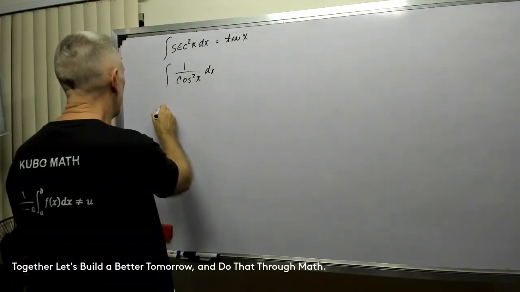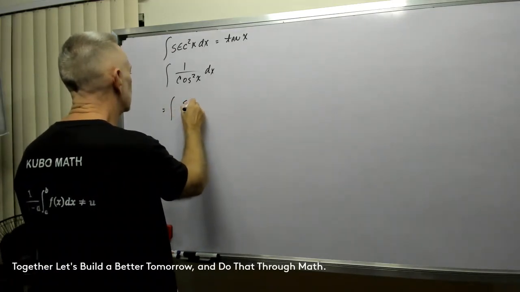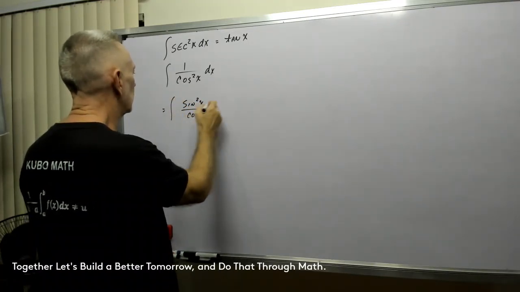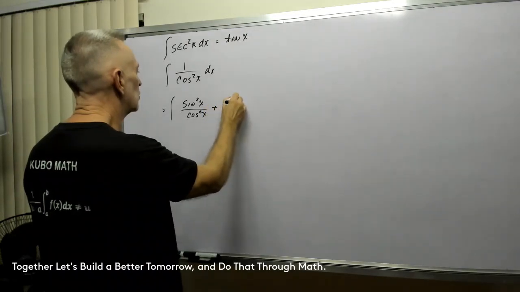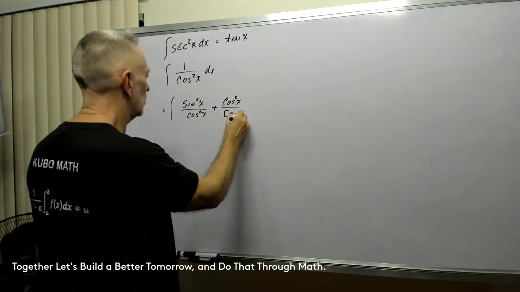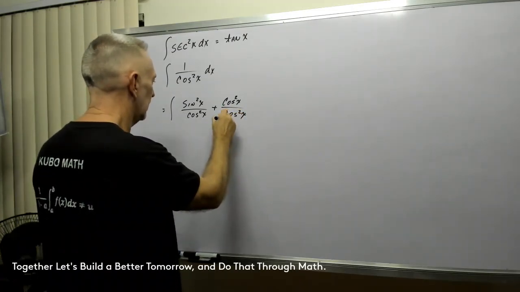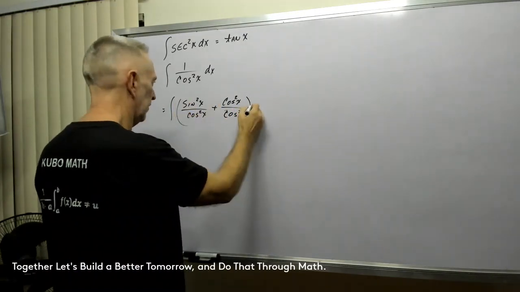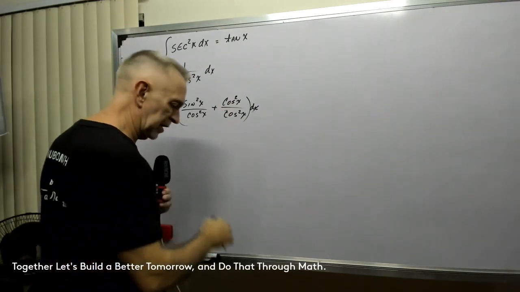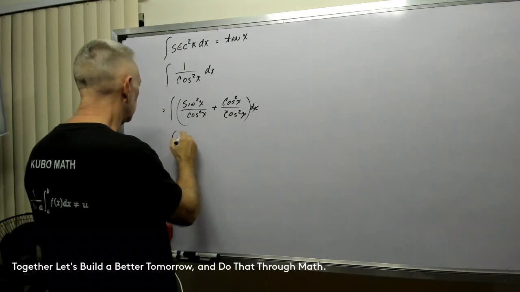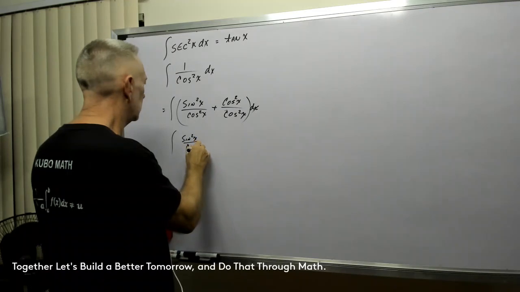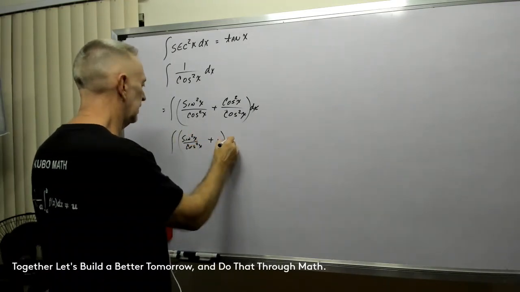So I'll put sine squared x plus cosine squared x, all over the cosine squared x, dx. Well, cosine squared x over cosine squared x becomes 1. So now I have the integral of sine squared x over cosine squared x plus 1 dx.